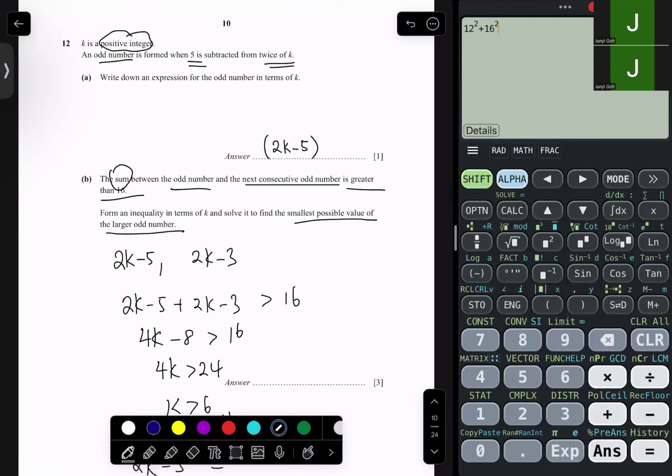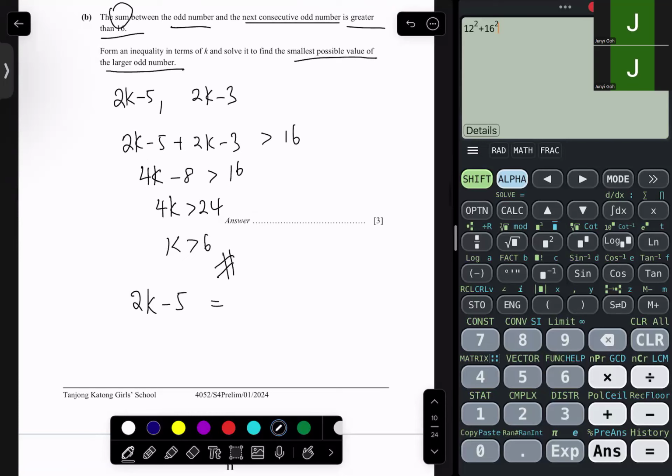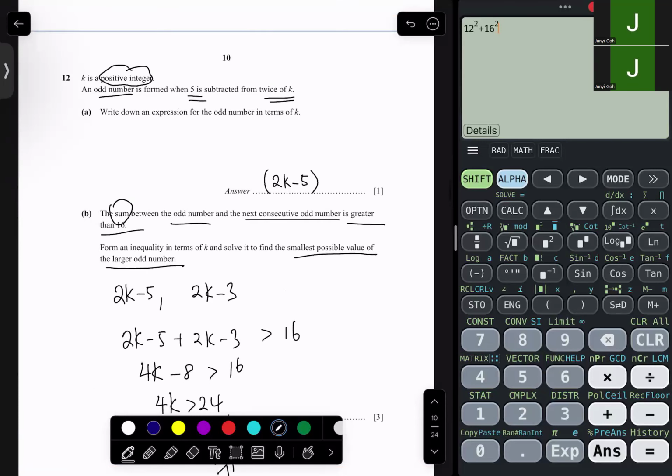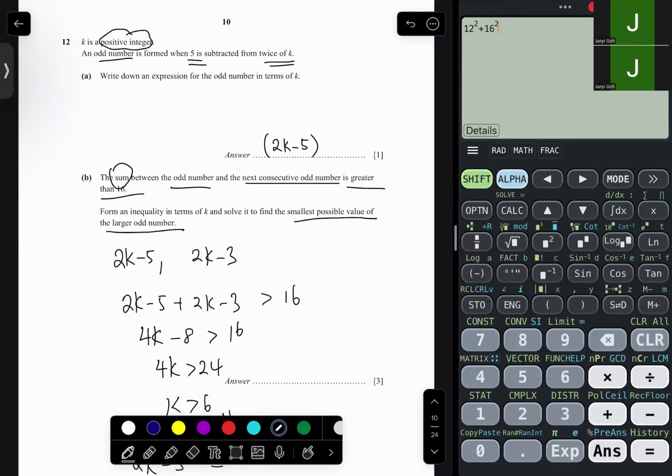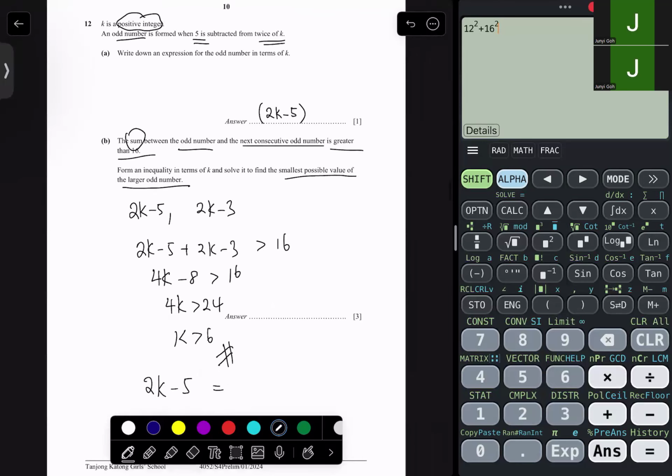So does that mean k cannot be an odd number? Can k be an odd number? When 5 is subtracted, if k is odd, let's say 7, it fits the criteria.